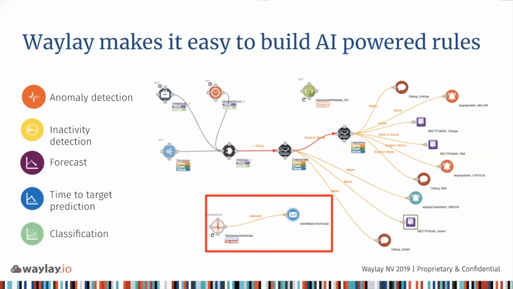In the picture you see here, a very simple rule that says if there's an anomaly in the server room, then basically send an email to a technician. Okay, so this is a very simple rule where the business analyst can easily use these kinds of icons in his rule and can really truly understand what kind of logic needs to flow after the anomaly has been detected.